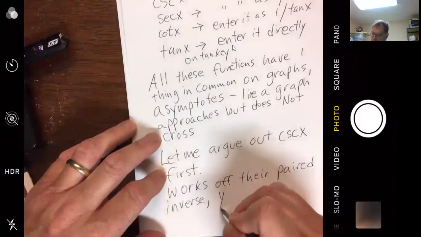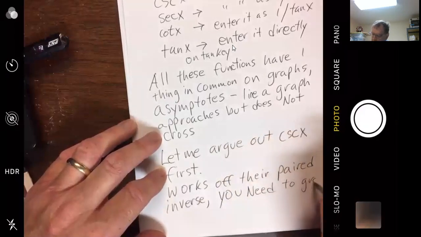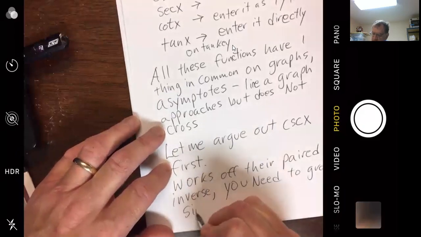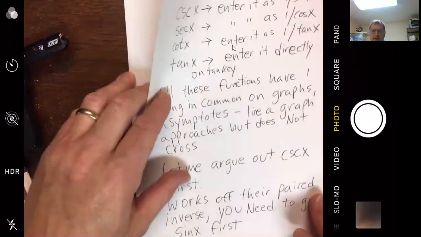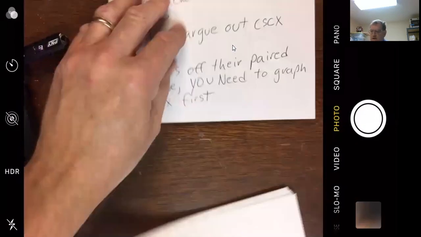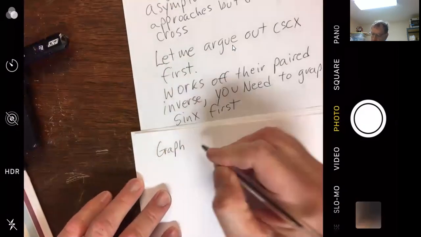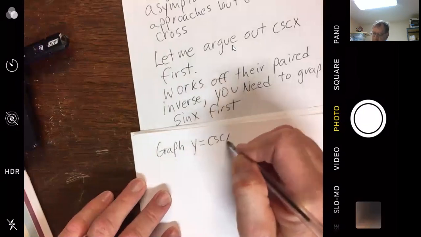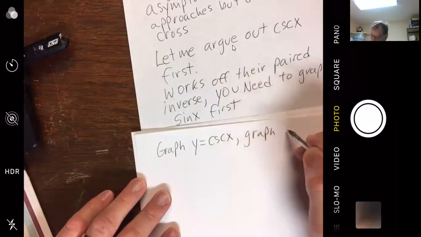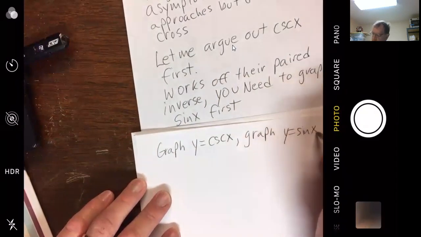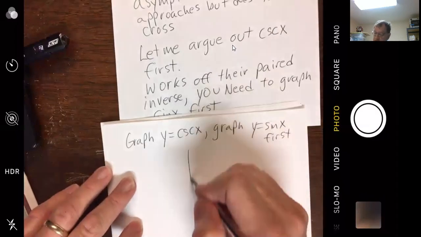In other words, you need to graph sine of x first. That's why they were done in the order they've been presented. So if I'm going to graph y equals cosecant of x, I graph y equals sine of x first. All right, hopefully you remember this from last section.